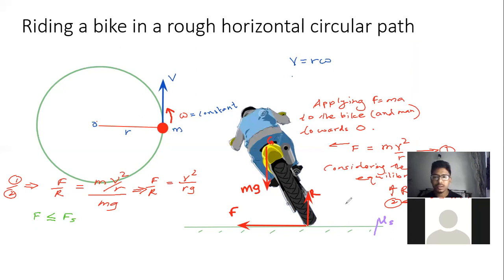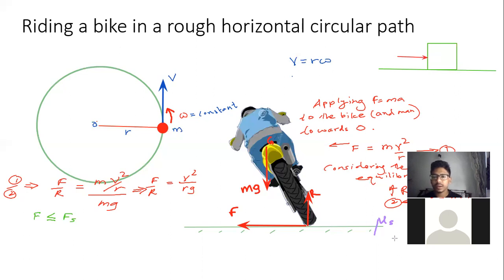So to explain that, I'll explain briefly about friction. Let's say we have a box placed on a rough surface, and I'm going to apply a force F in this direction.